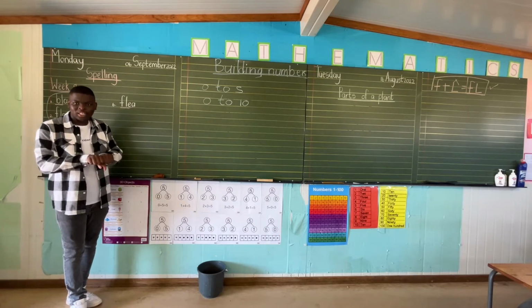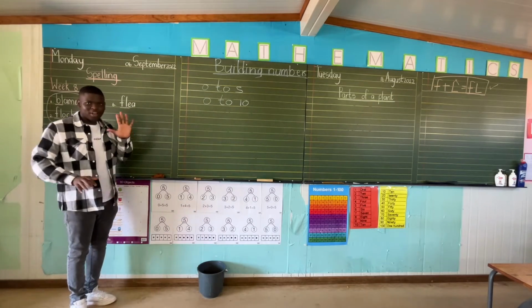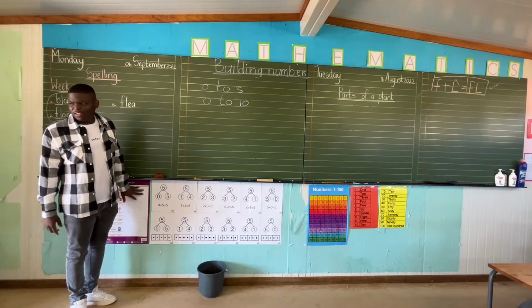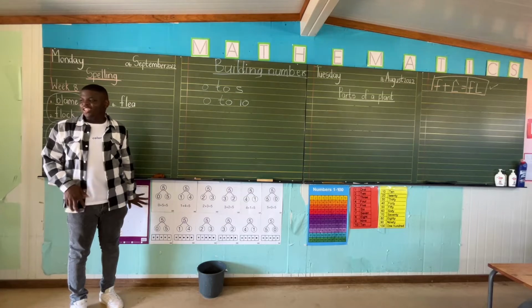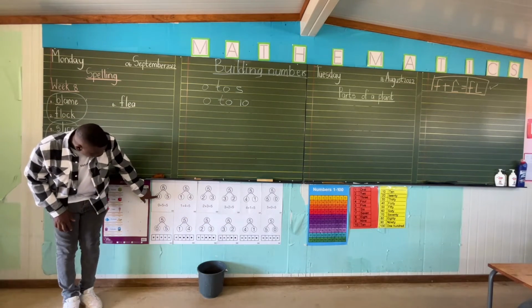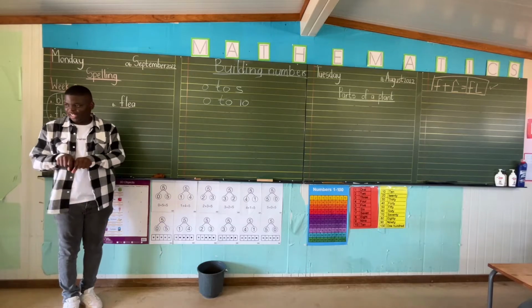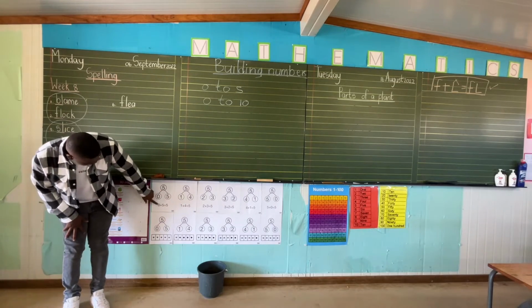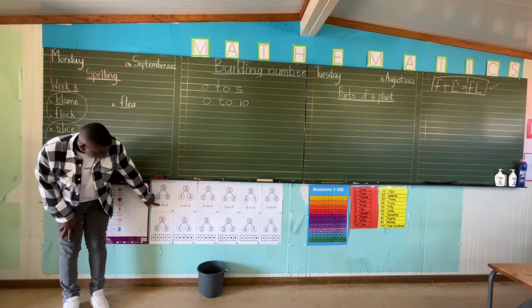When we bring 5 and 0 together, what do we get? When we add them, it's 0 plus 5.